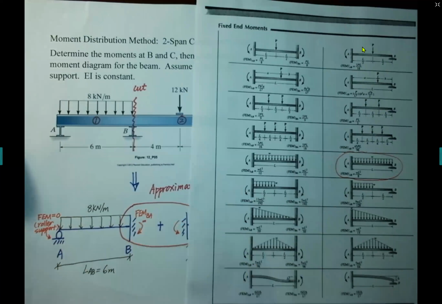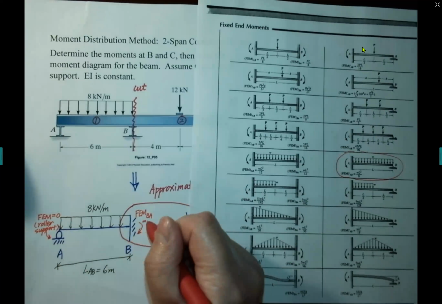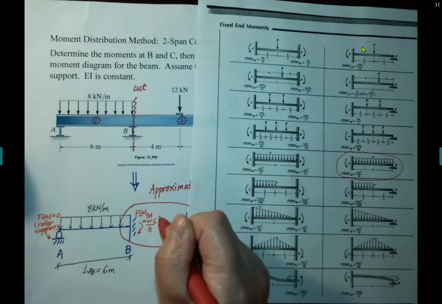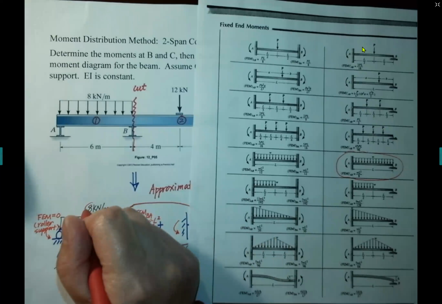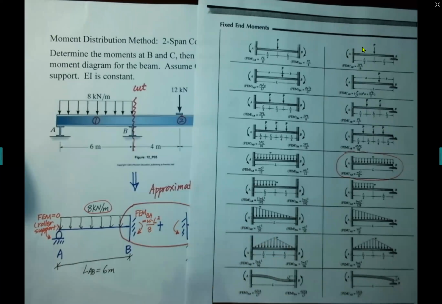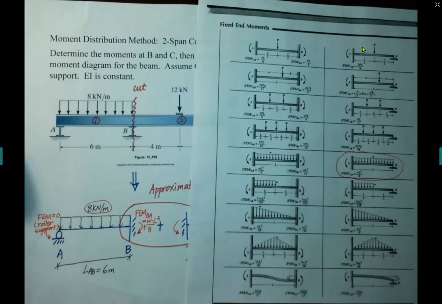And for fixed end moment at B, equals to WL squared over 8, equals to W times the span length squared over 8. W is the uniform load magnitude. And for fixed end moment, we have the sign convention. Clockwise is positive, so at B end is clockwise, so we use positive.